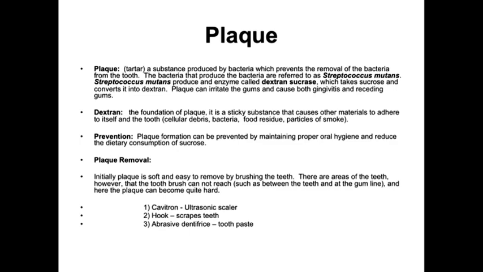And sucrase takes sucrose and converts it into dextran. And plaque can irritate the gums, and it can cause gingivitis, and the gum line can then recede. Now, dextran, that's the foundation of plaque. It's very sticky, and it can cause a lot of other substances to adhere to it: other bacteria, debris, other food residues, and particles of smoke.